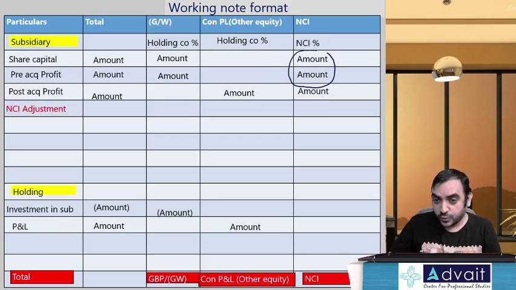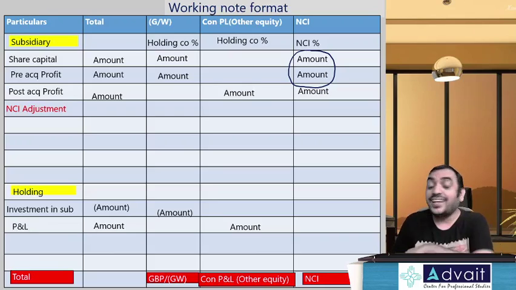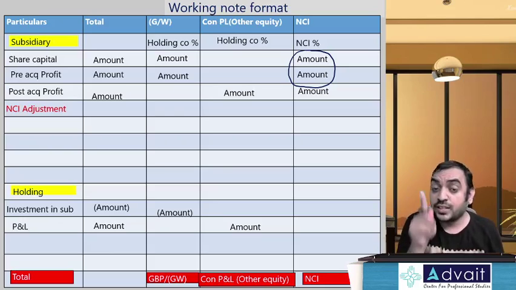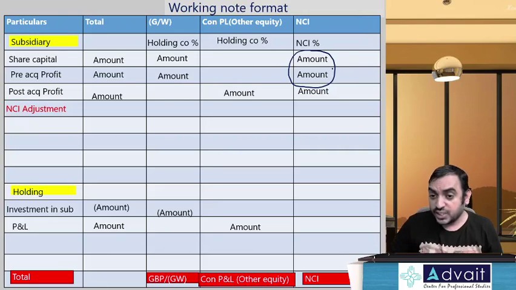Only the first two will be considered because post-acquisition comes later. We are doing this calculation at the time of acquisition: NCI fair value adjustment, goodwill calculation at the time of acquisition. So these two amounts will give you proportionate NCI, and you compare this with fair value NCI.